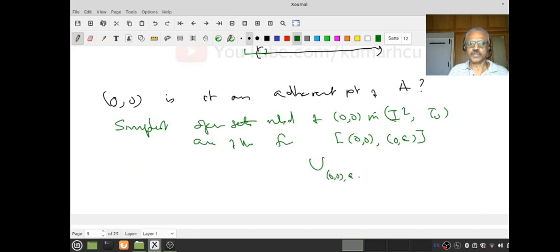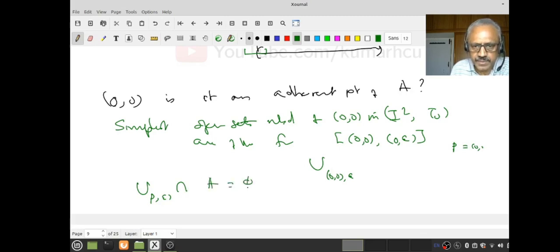That is, only the y coordinate keeps varying. You understand? Let me call this point P, (0,0). Then this neighborhood, intersection with the set A, is empty. Therefore (0,0) is not an adherent point.